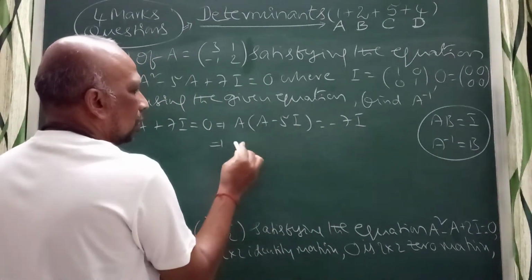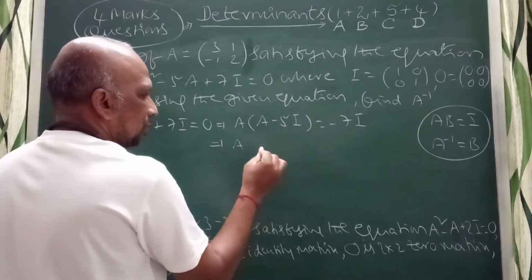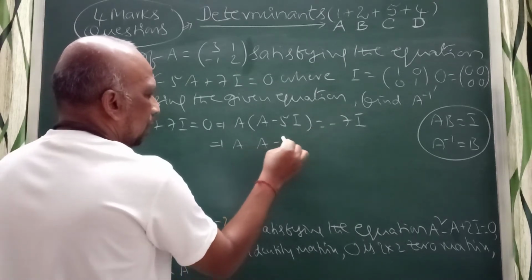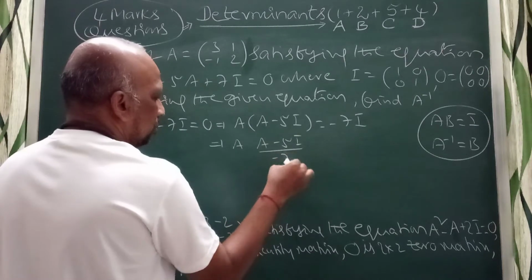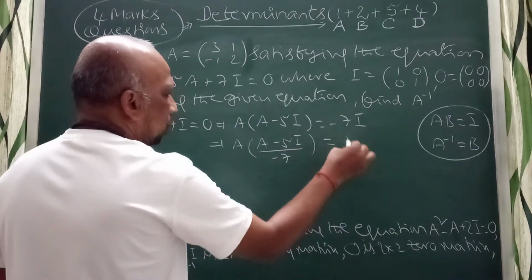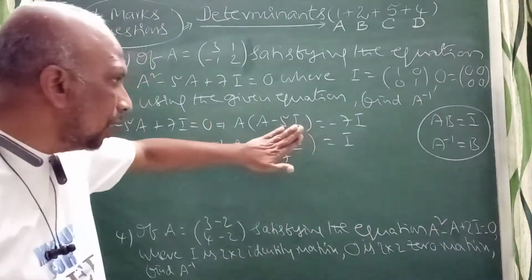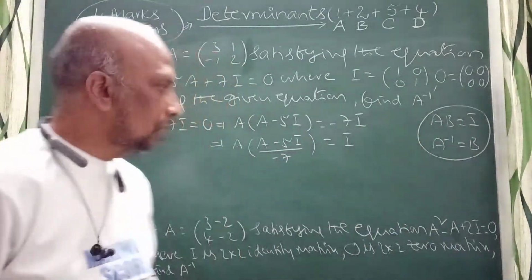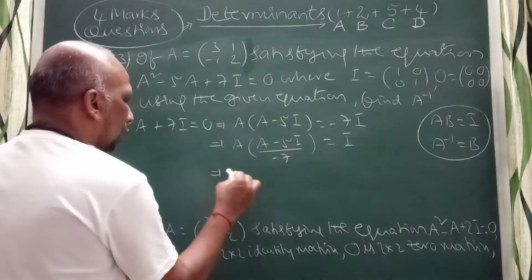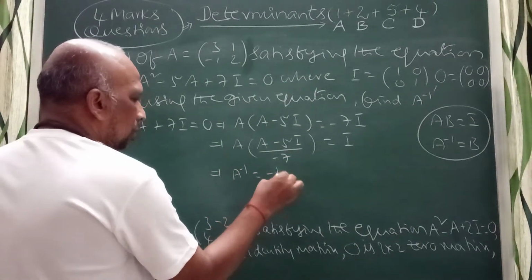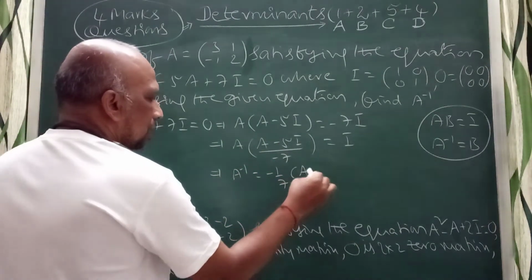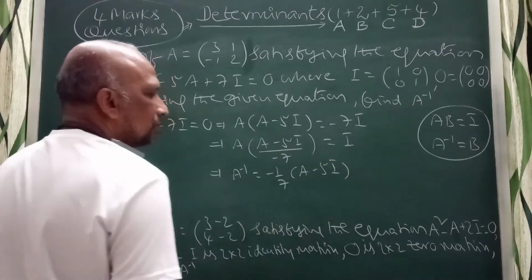Then I can write A into A minus 5I by minus 7, which is equal to I. Now we got AB is equal to I. This is B. What is B here? A inverse. From this I can write A inverse is equal to minus 1 by 7 times A minus 5I. Correct.